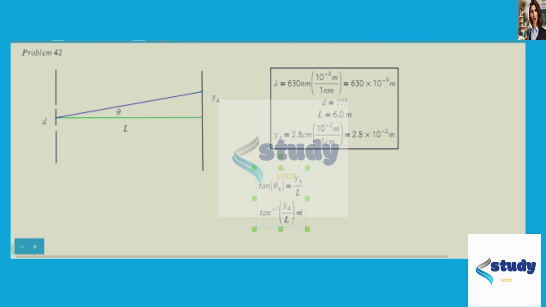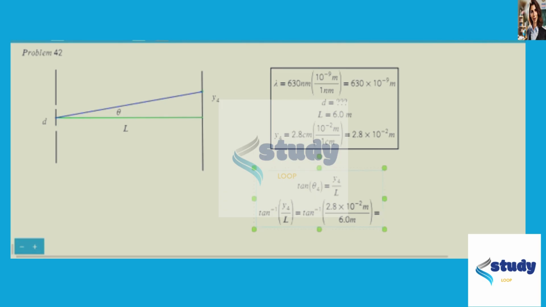So in degrees, let's see what this comes out to. This is going to be arctangent of y4 over L. So y4 is 2.8 times 10 to the negative 2 meters. And this is why we convert it to meters, so that when we put the 6.0 meters here in the denominator, the meters cancel out with meters.